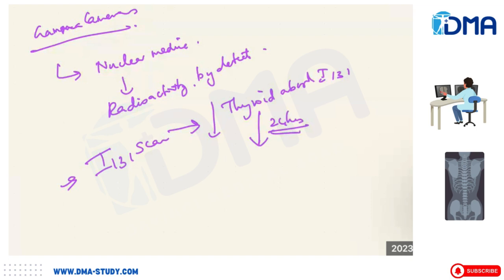Using this gamma camera, you try to find the radioactivity in the neck region. If the radioactivity is present, then the thyroid tissue is remnant. If the radioactivity is not present, then thyroid tissue is not there in the neck region. This is an example of how the gamma camera is used.